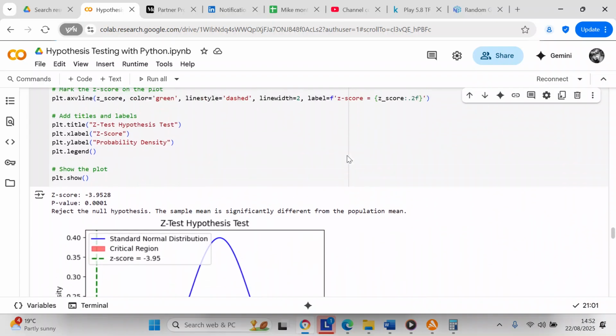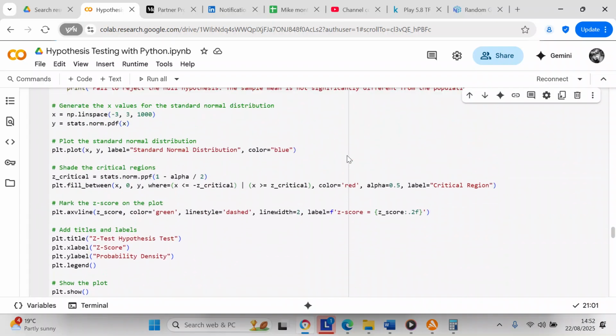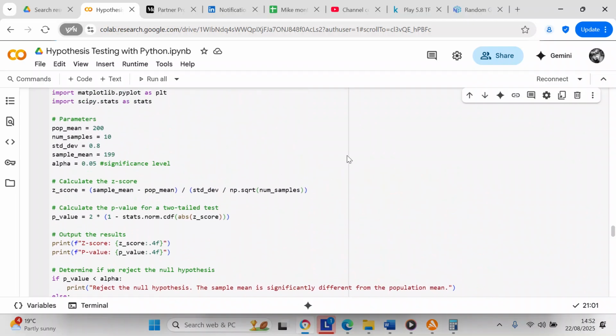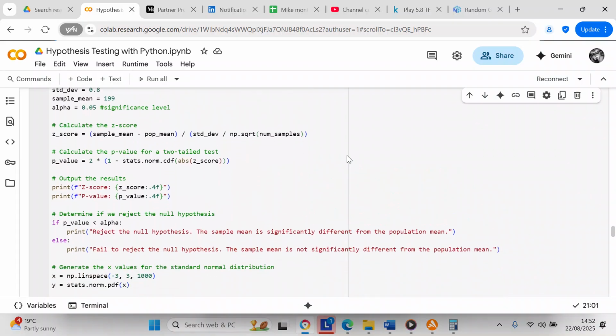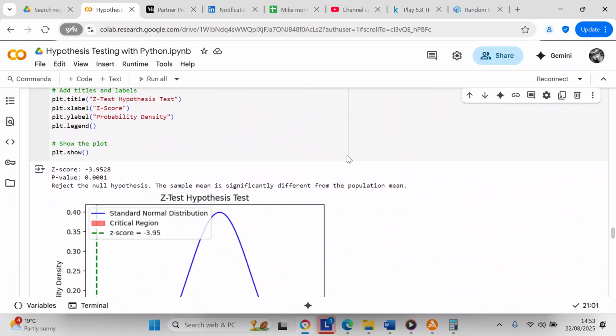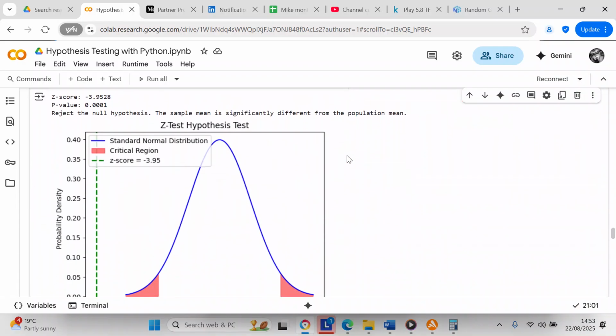But that's the way it works, because we've got our population mean of 200 and a sample mean of 199, and our alpha, the significance level, is 0.05.